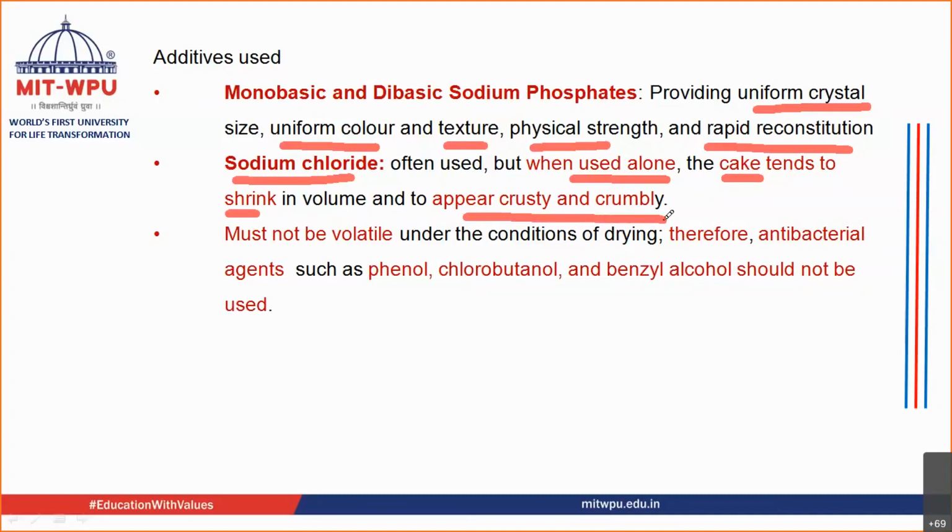The next thing that you have to remember is that whenever you are adding additives, these additives should not be volatile in nature. Therefore, antibacterial agents which are volatile in nature, for example phenol, chlorobutanol, and benzyl alcohol, are basically not used, because when you're carrying out the sublimation process, there are chances that these products may get volatilized. So these are the different ingredients that I use for lyophilization.